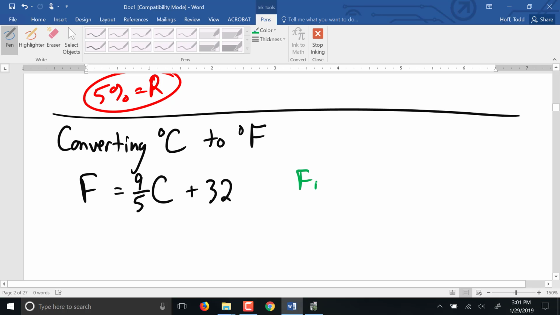So let's say we're going to find degrees Celsius if the temperature is 98.6 degrees Fahrenheit. Of course, that goes in where F is, 98.6.